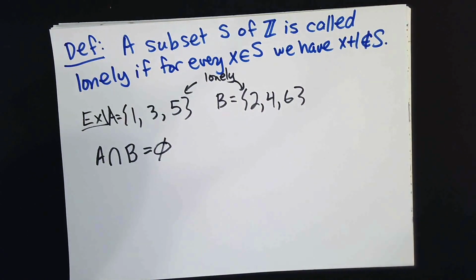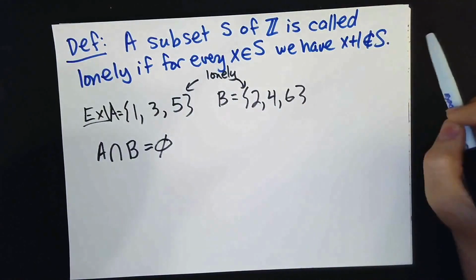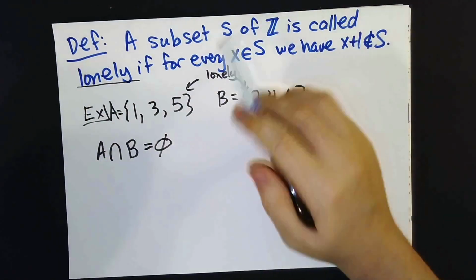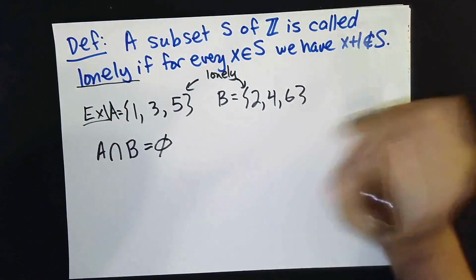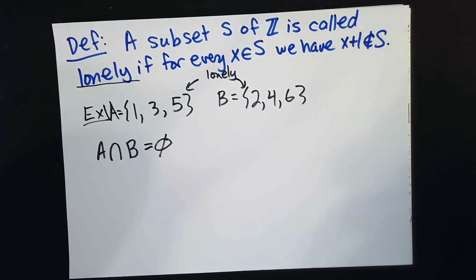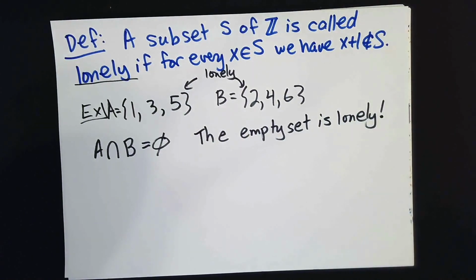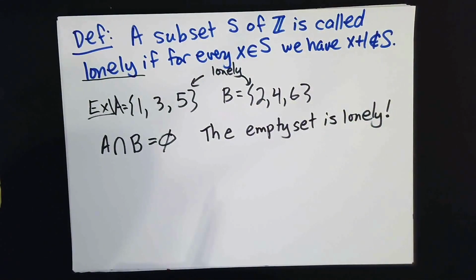And so it might have occurred to you to think, okay, well, the empty set probably is not lonely, because it can't be true that something for every element of the empty set, blah, blah, blah. But the empty set is lonely. And this is an annoying technicality that is going to come up a lot, so it's worth thinking about.